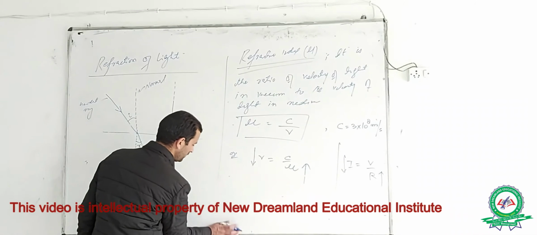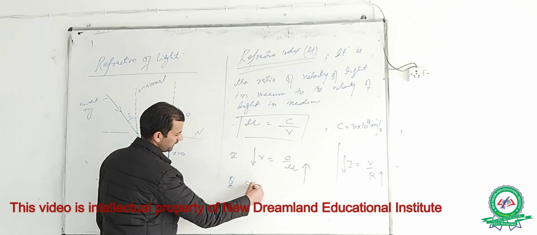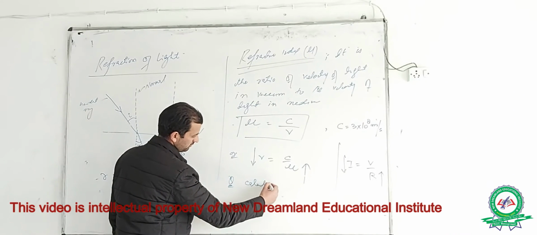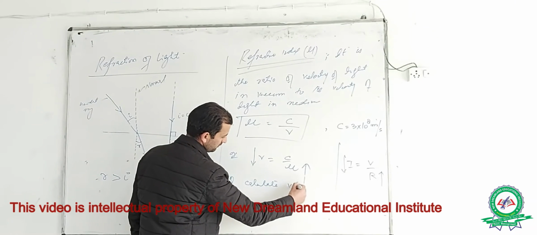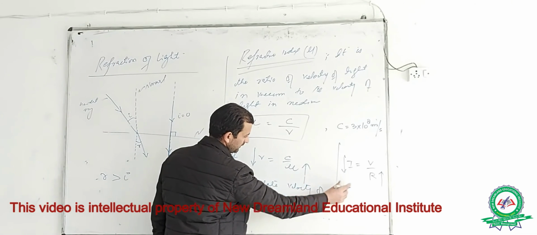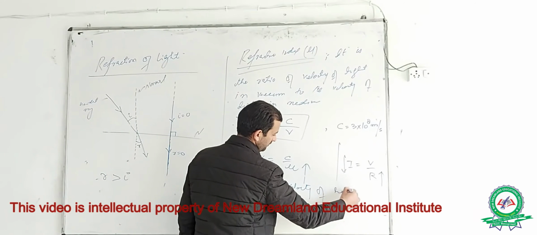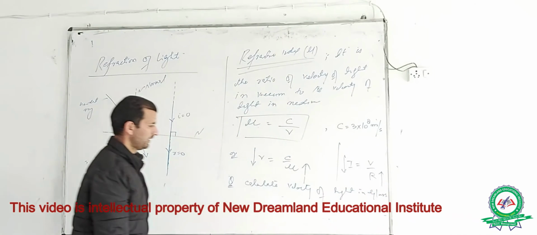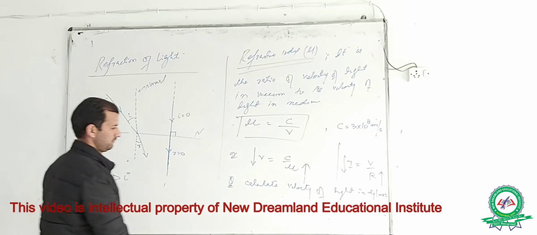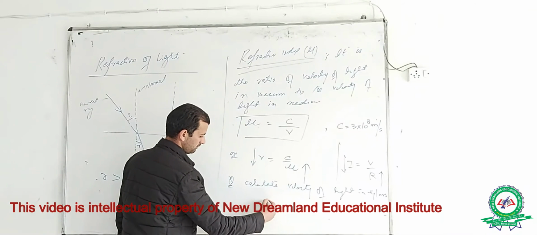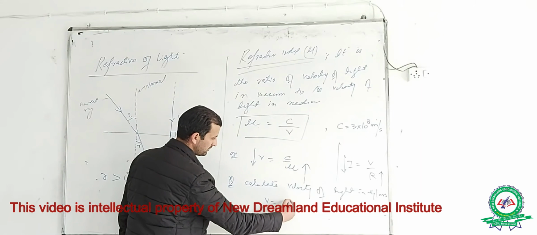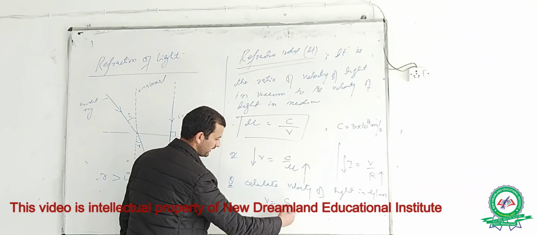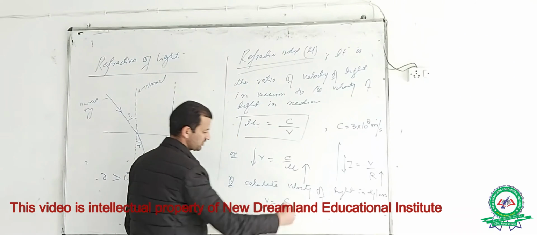For example, the question is: calculate the velocity of light in glass. We know that velocity of light in a medium is the velocity of light in vacuum divided by the refractive index of the medium.